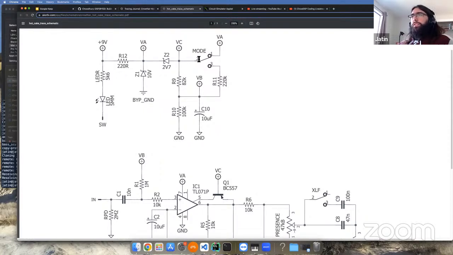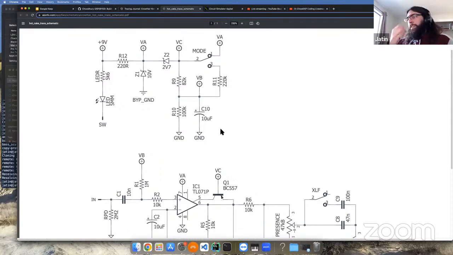When the mode switch is in this setting with this 2 connected to this position 1 up here, this actually shorts out the Zener diode Z2 here. And that means that VA and VC have the same voltage. So basically the positive rail of the op amp will be the same as the base voltage of the transistor here. And so that's going to give us effectively the same result as if the transistor wasn't here at all.